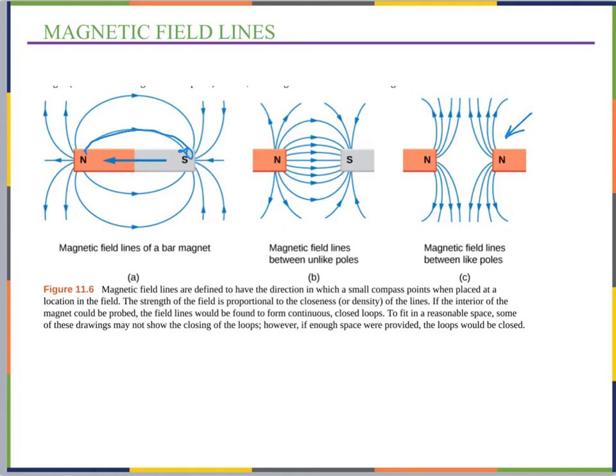So for magnetic poles, the North Pole and the South Pole, the same rules apply that apply for charges, and that is unlike poles attract, and then like poles repel.